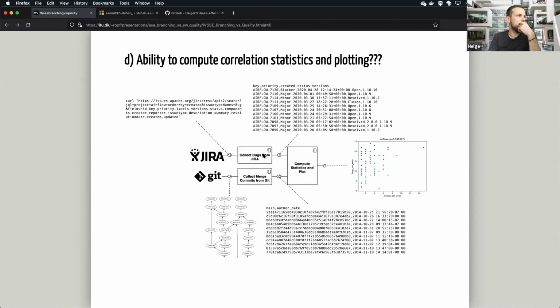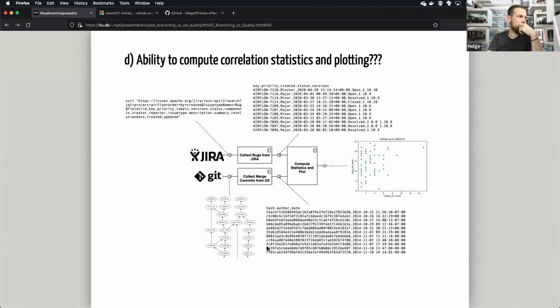What I would like you to do is that these two modules do something that we often do in research: they generate comma-separated value files. We translate this JSON data into a CSV file that has an issue ID and certain information, such as when it was created, when it was opened, and the attached version. This creation date is the most important thing, because by that we want to group how many bugs were created per week.